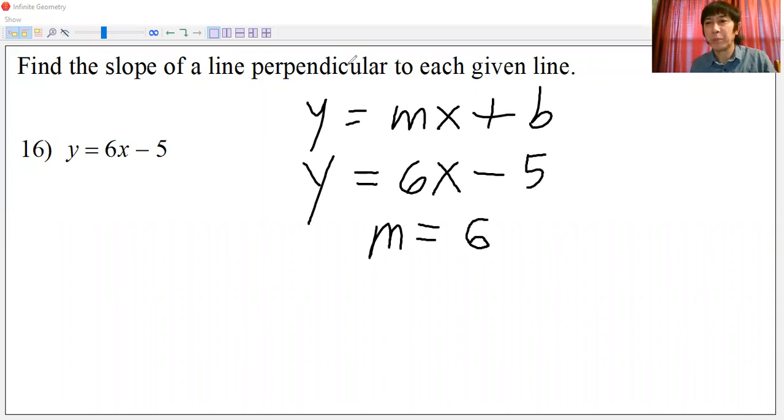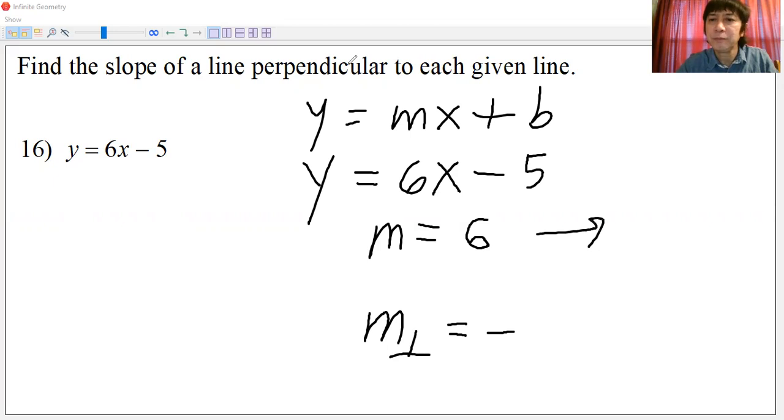We're talking about perpendicular line. So to get the slope perpendicular to this line, we will have to change the sign. So from positive 6, that will become a negative. And then 6 is 6 over 1. Remember, 6 is 6 over 1.